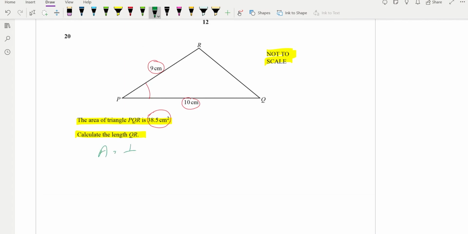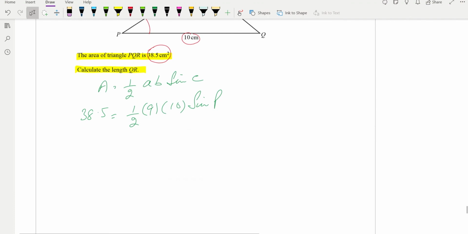Area we know is equal to 1 by 2 AB sine C, so we can replace area is 38.5 is equal to 1 by 2, A is 9, B is 10, and sine of C, instead of C I will write P because in this case it is P. Now we can shift everything to other side, so sine P will be equal to 38.5 multiplied by 2 and divided by 9 into 10, which will be 90.